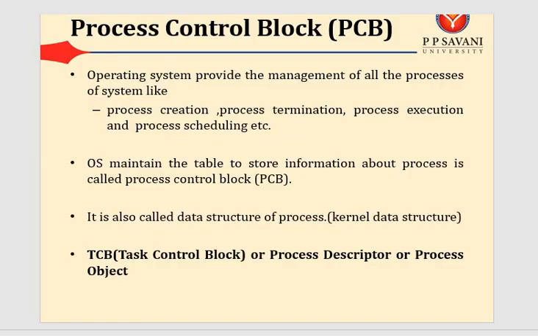It is also called the data structure of a process, or the kernel data structure. You can say that PCB is also called TCB, the task control block, or process descriptor, or process object. Let's move to this topic in detail.